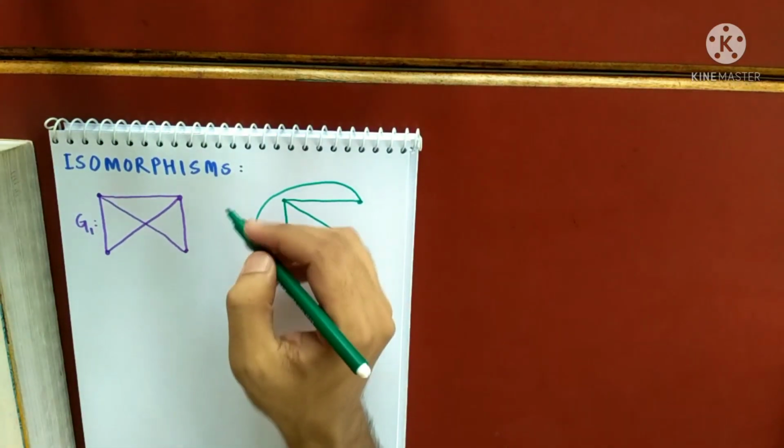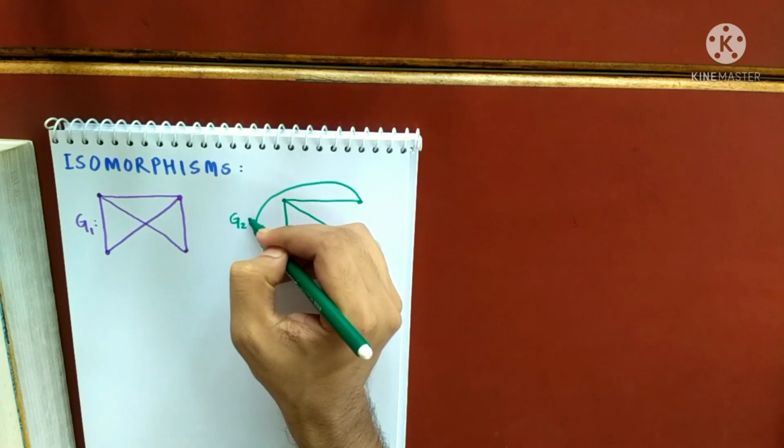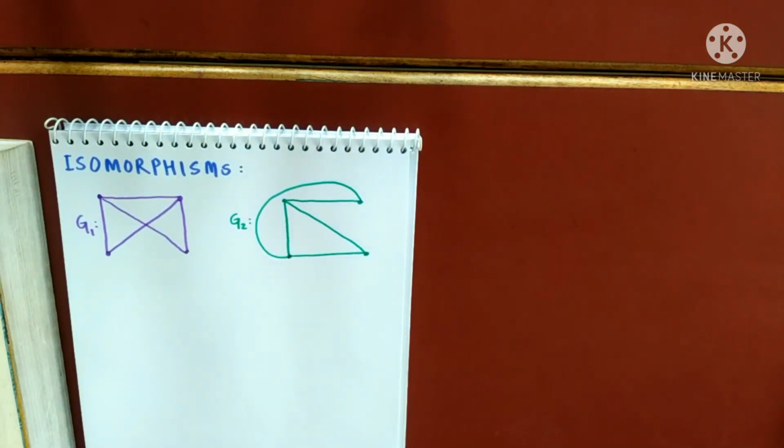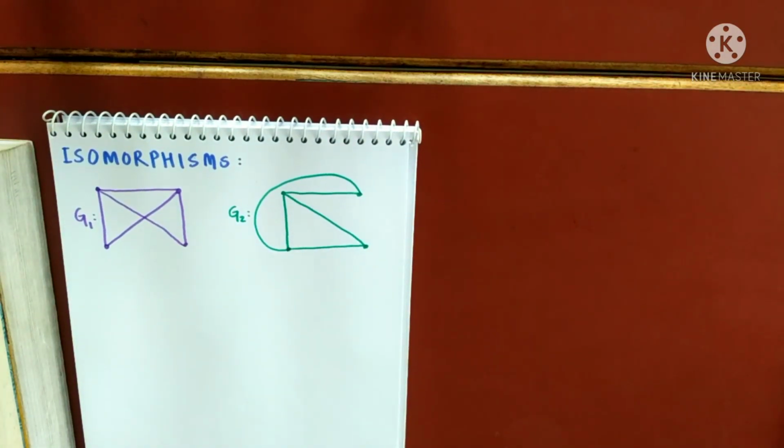Okay, these are two graphs, graph G1 and graph G2. What do you think? Are the two graphs same or different? And how do you decide why they are same, why they are different?